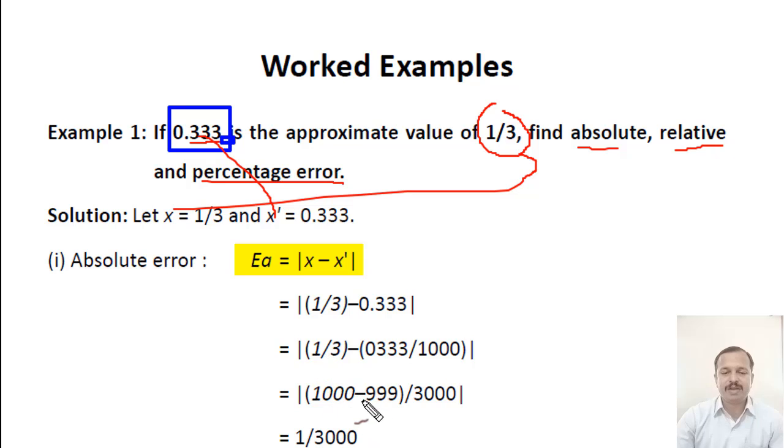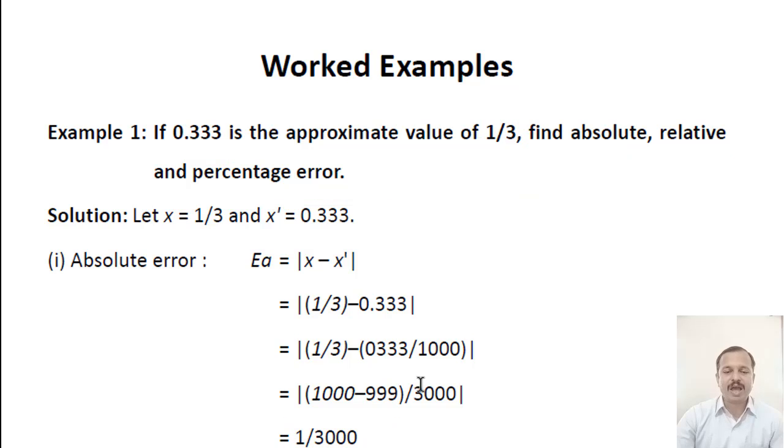Now it is a simplification process, taking the LCM. That gives us 3 into 1000, the LCM will be 3000, and after simplifying this the answer is going to be 1 divided by 3000. This is the value obtained after simplification.